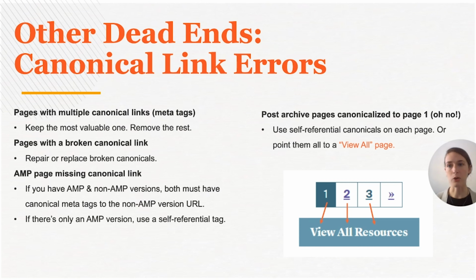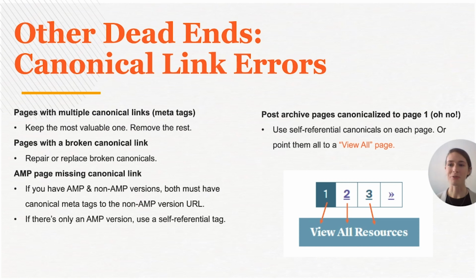Canonical tags are extremely important for preventing duplicate content issues and other problems with your SEO, especially in e-commerce situations, but they are also pretty easy to mess up, especially if you're trying to automate them and it just doesn't work out how it should.